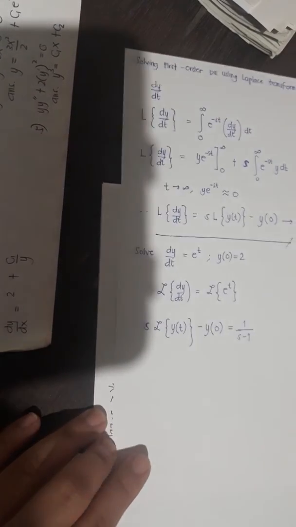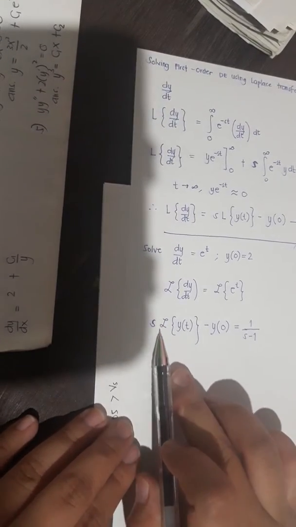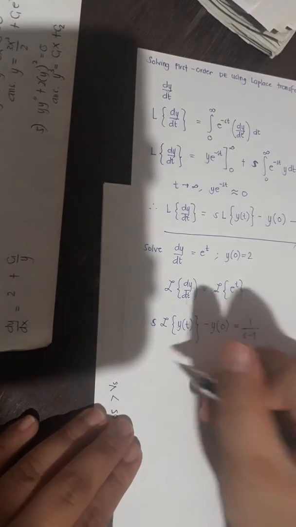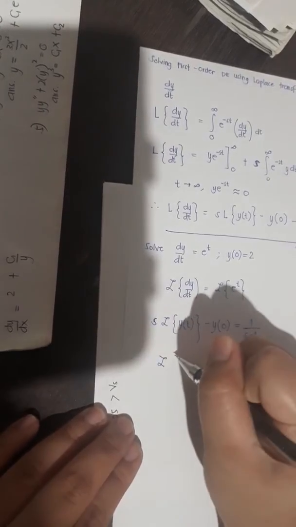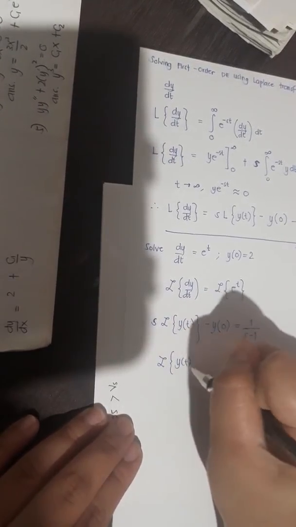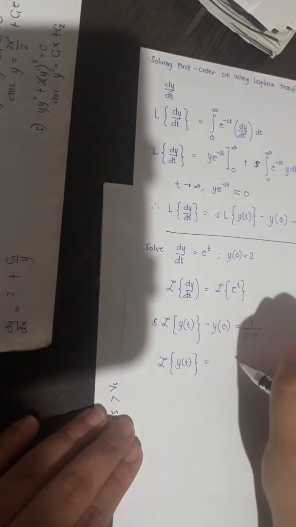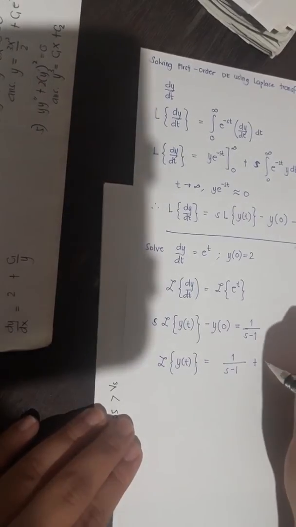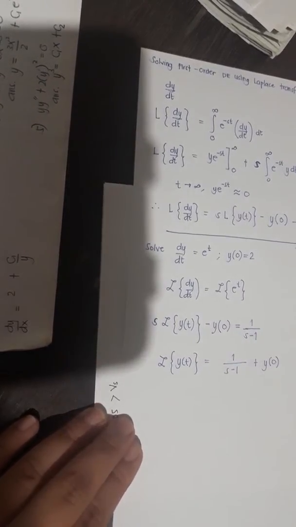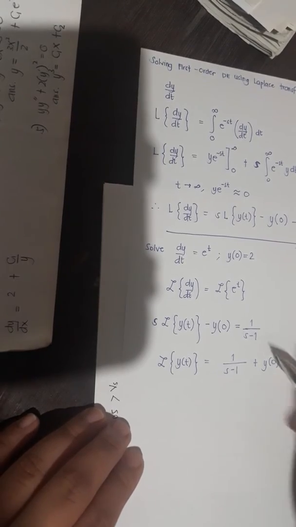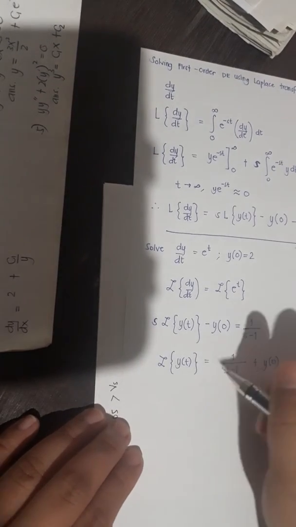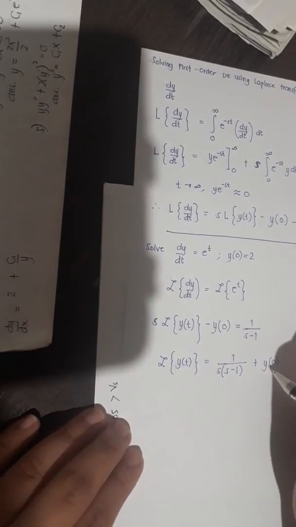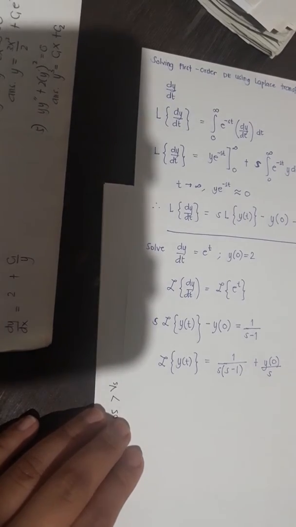Now we will be leaving this term on one side of the equation, so we'll have the Laplace transform of y as a function of t is equal to 1 over s minus 1, plus y when t is equal to 0, and then we'll transfer s here, so it will become 1 over s times s minus 1, plus y when t equals 0 over s.